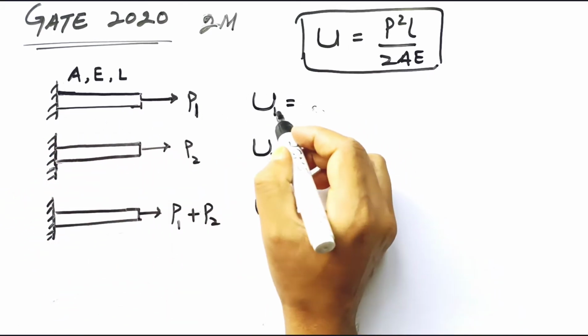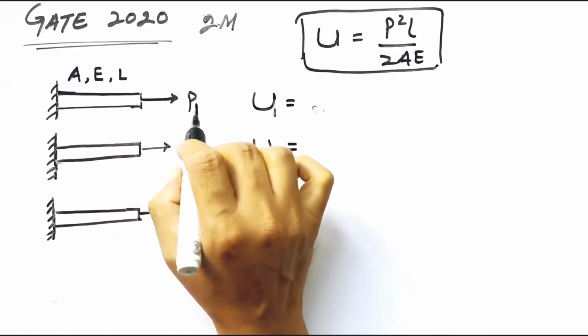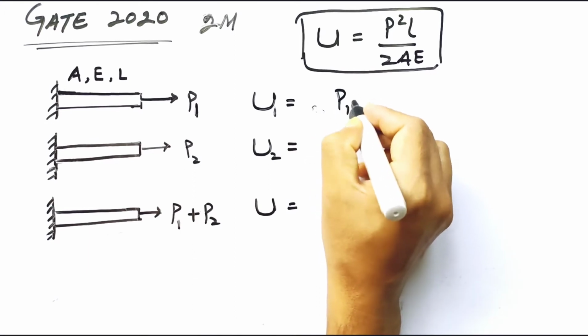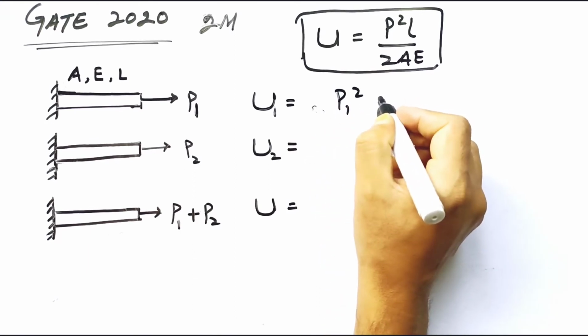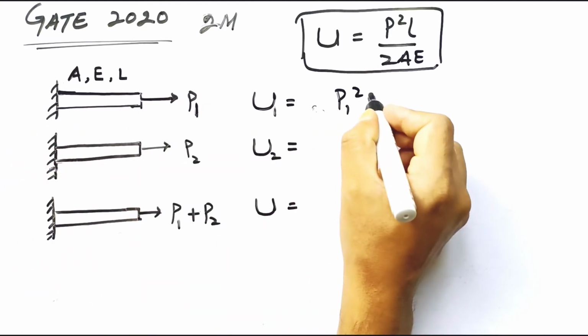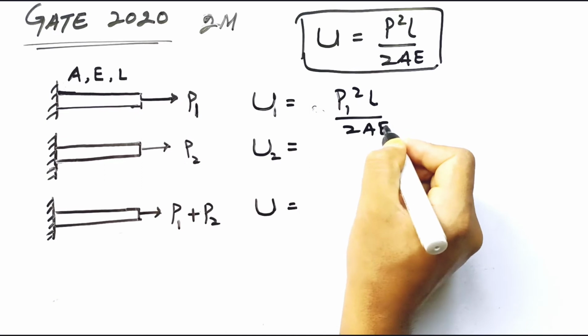So now we have to find strain energy U1 due to load P1. That will be P1 square into length of this bar L, P1 square L divided by 2AE.